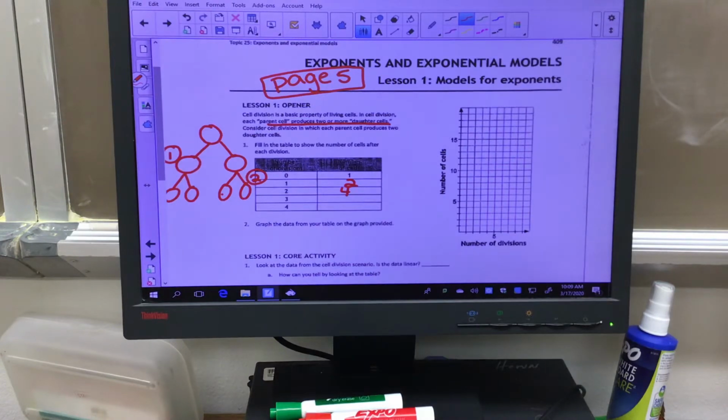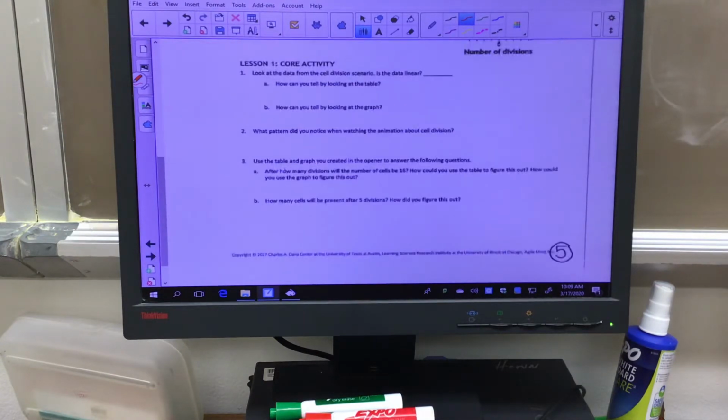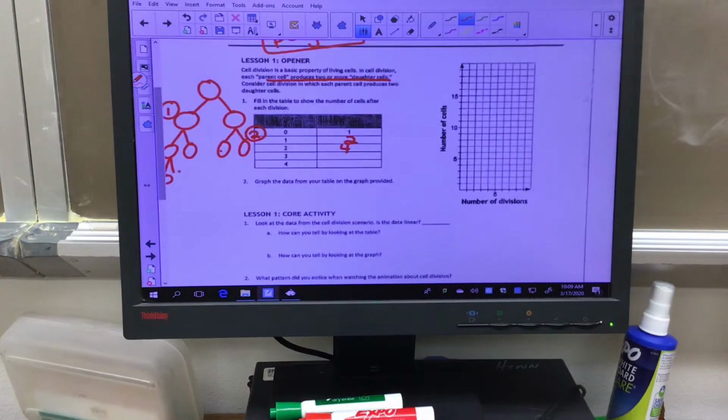Each one of these is going to divide into 2 more cells. So 3 divisions is going to give me 1, 2, 3, 4, 5, 6, 7, and 8 cells. So now for me to draw for 4 divisions would take up a lot of space.